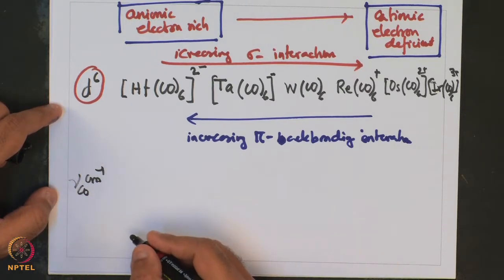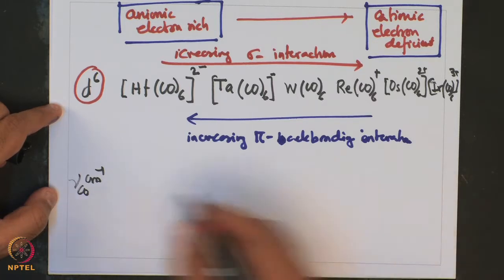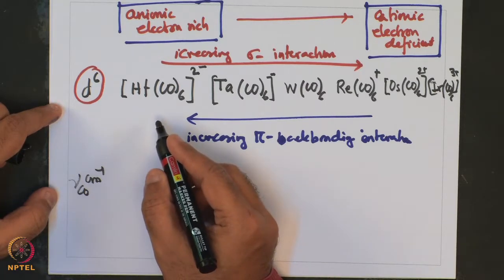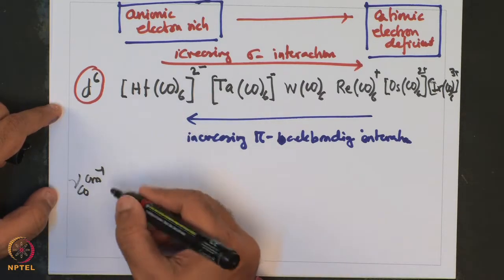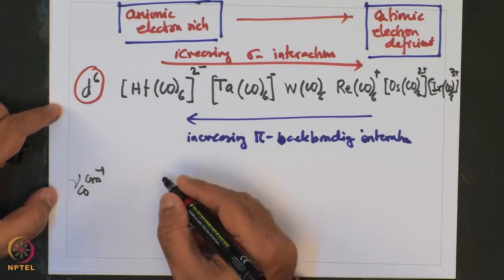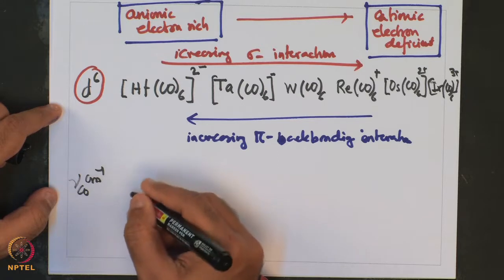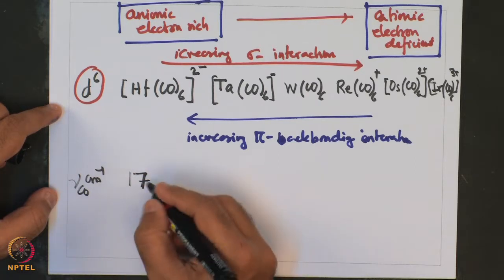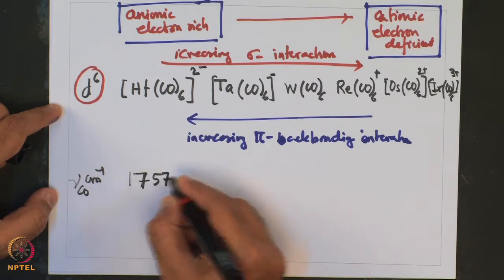For example, hafnium, which is highly electron rich, can undergo a significant amount of hafnium CO back bonding, and has a very low stretching frequency of 1757.